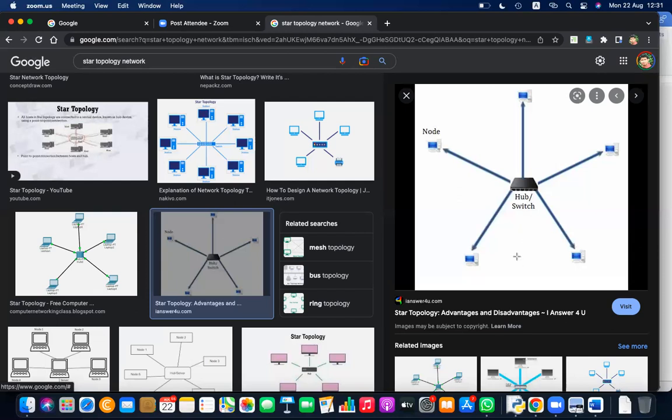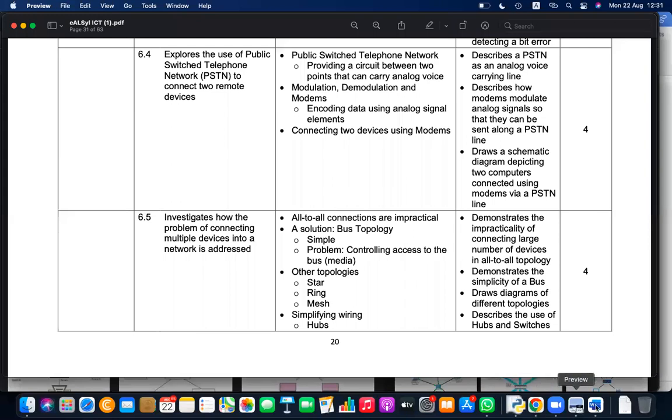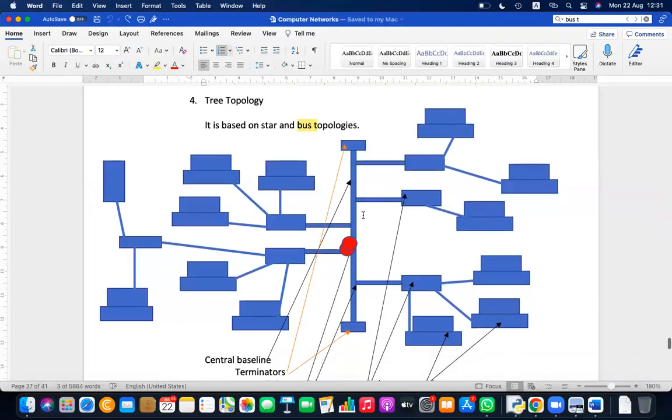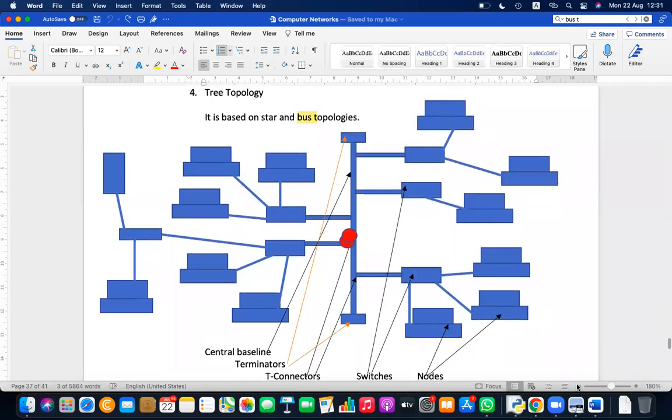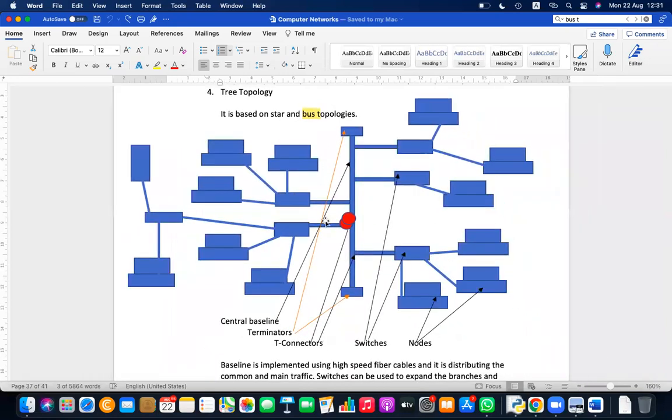Okay, let's go to the next one. The last topology that we are going to learn today is the tree topology. This is actually how the internet works. Tree is a mixture of both bus and star.